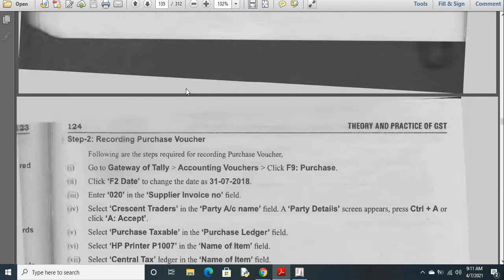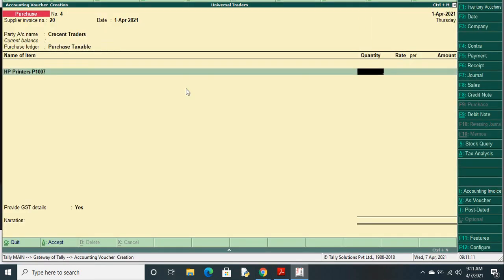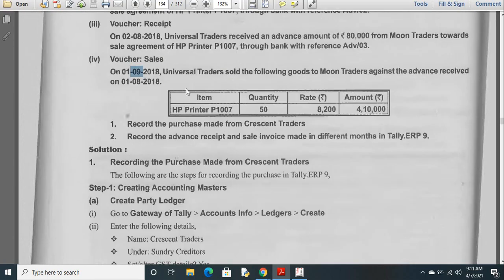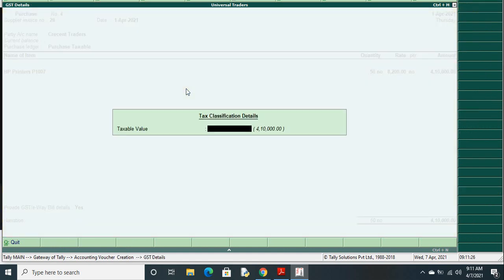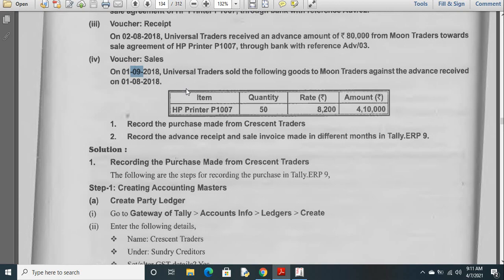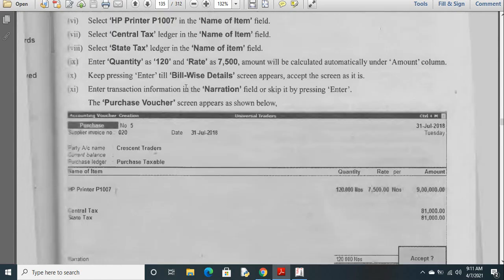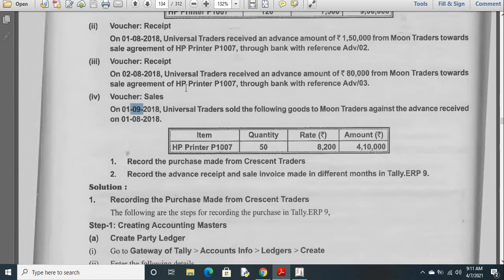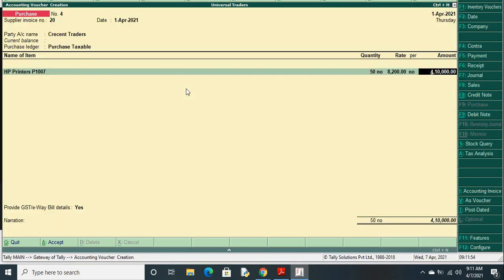Types of goods, HP. How many are you purchasing? 50 at 8,200. Then 120 at 7,500.